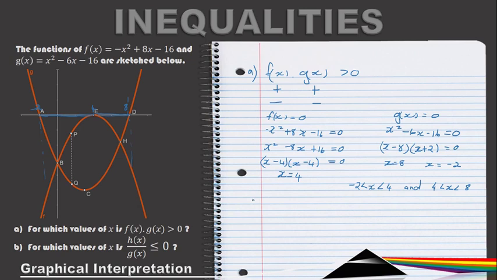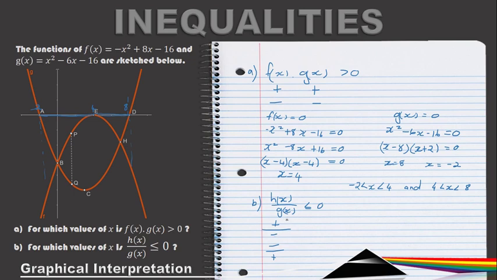And then for b, now where is h(x) over g(x) less than or equal to 0? In this case we need a negative, so one needs to be plus and the other one minus: either the numerator minus and the denominator plus, or vice versa.